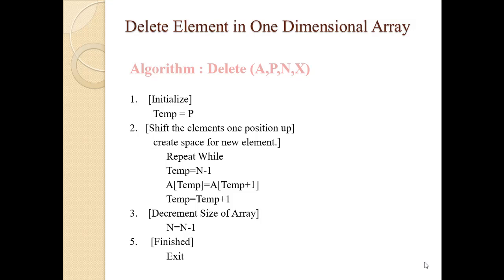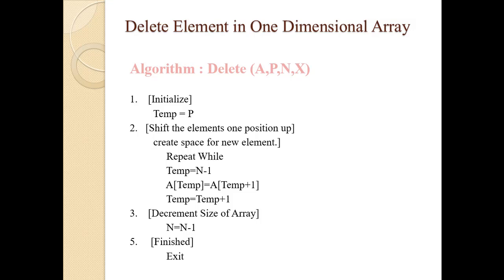Similarly to insert element, the same variables are used here which were also used in insert element. So, our variables are a, p and n. X is there but it is not used. The first variable is a for array, then p for position and n for the size of the array.